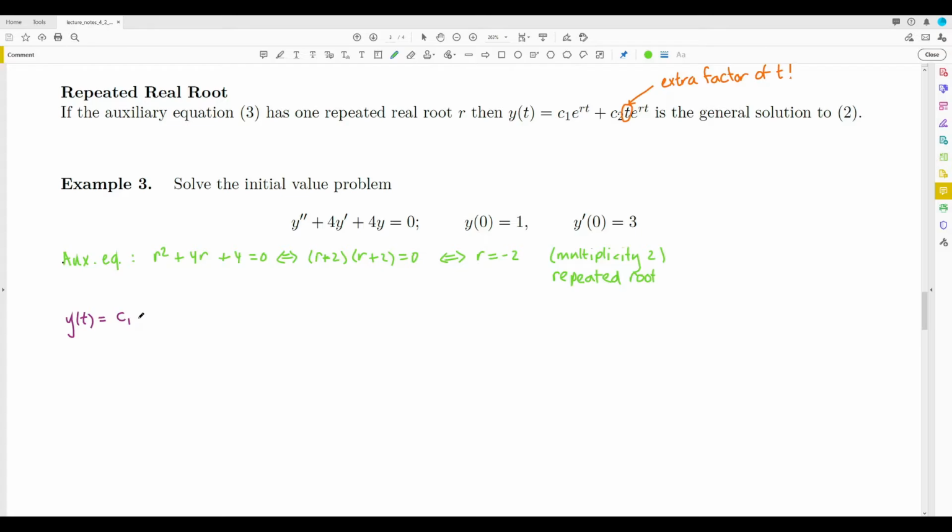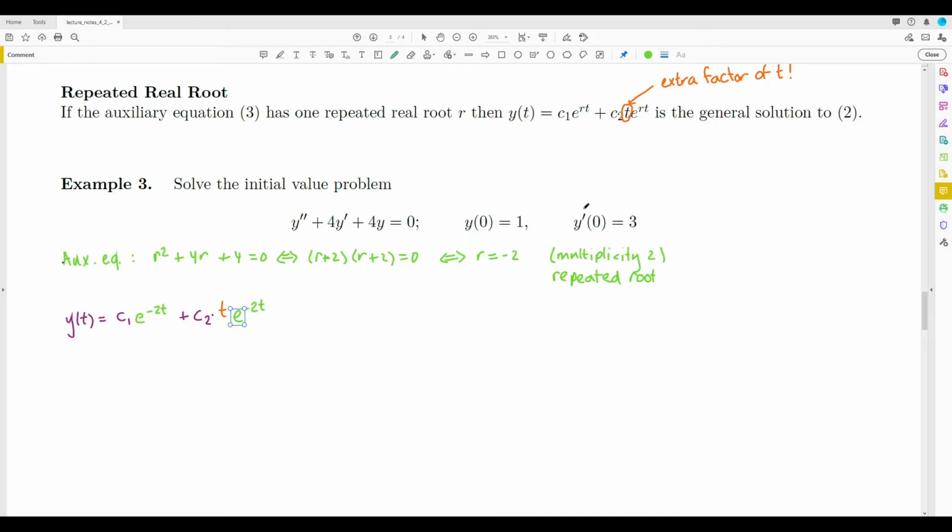So we have e to the power -2t, and then we're going to repeat that one more time, but we're going to add a factor of t. Right, so we're putting in a t here, and then we're going to repeat the e to the power -2t. Okay, so that's our y of t.